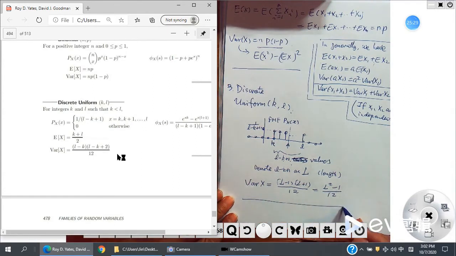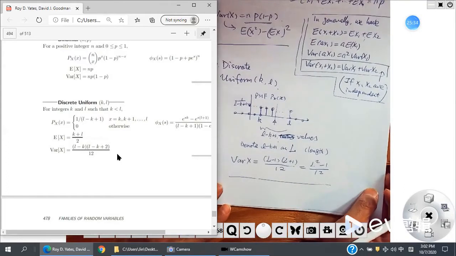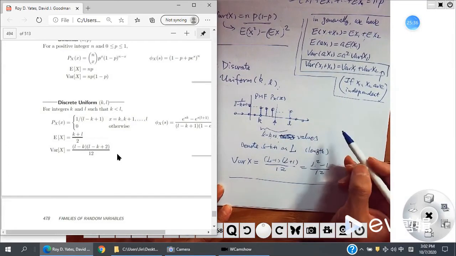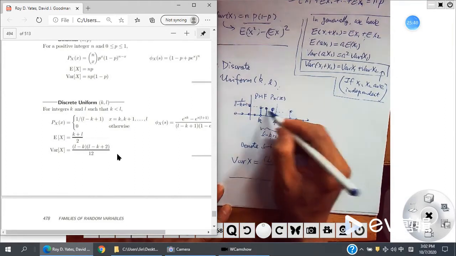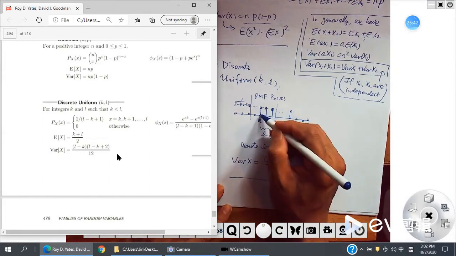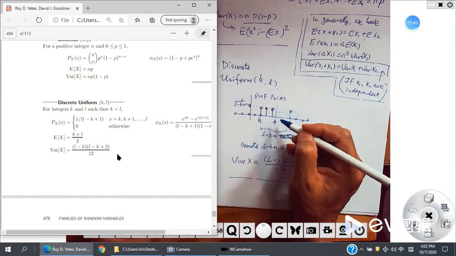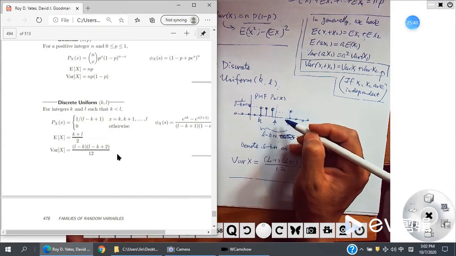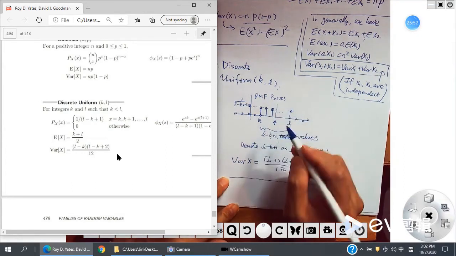This kind of distribution is also commonly used. We can discuss the thing like you have several possible results, and each result has the same probability to happen. Like you have a fair dice, right? Then you have six numbers from 1 to 6.